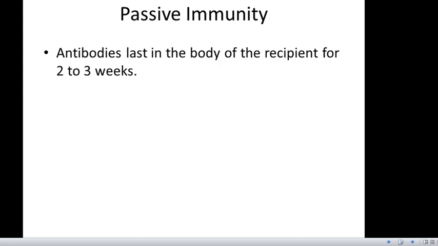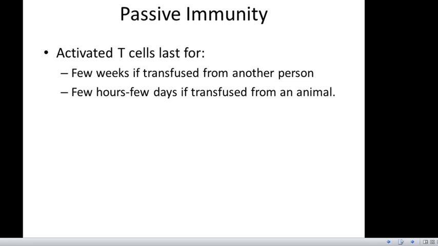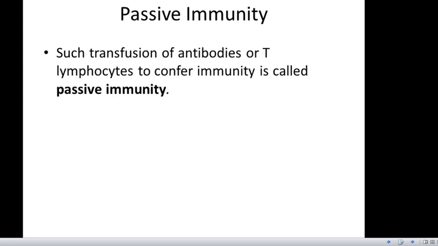Antibodies can last in the body of the recipient for 2 to 3 weeks, while the activated T cells last for a few weeks if transfused from another person, and from a few hours to a few days if transfused from an animal. Such transfusion of antibodies or T lymphocytes to confer immunity is called passive immunity.